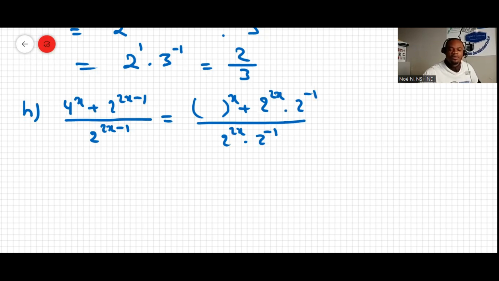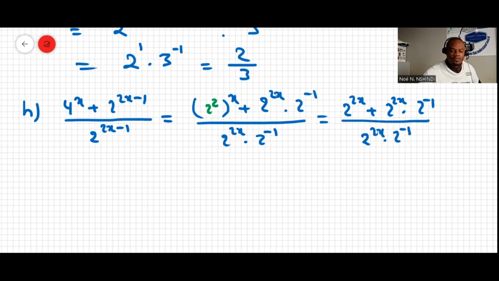Now there we can write 4 as 2 squared, in terms of its prime factor. And then this will be 2 to the 2x plus 2 to the 2x multiplied by 2 to the negative 1, all over 2 to the 2x multiplied by 2 to the negative 1. Then we can take 2 to the 2x as the common factor.